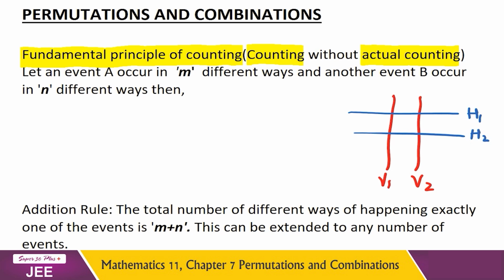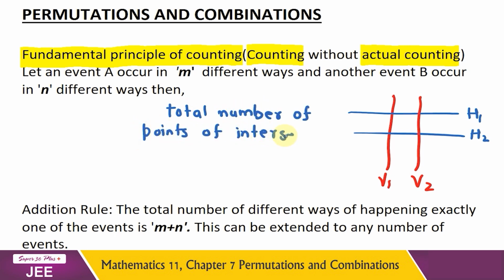Now, if someone asks you to find the total number of points of intersection formed by these 4 lines, one can easily count over here that we have 1, 2, 3 and 4 points of intersection. So the answer is going to be 4.